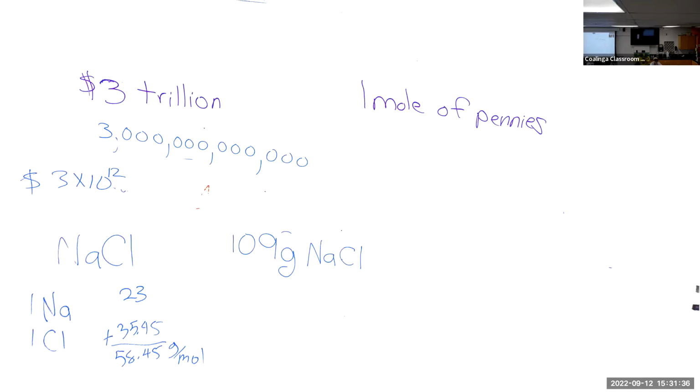I weighed out 109 grams of sodium chloride. How many moles would that be? 109 grams of sodium chloride, salt. How many moles of salt would I have? I want the number of moles. This is in grams.